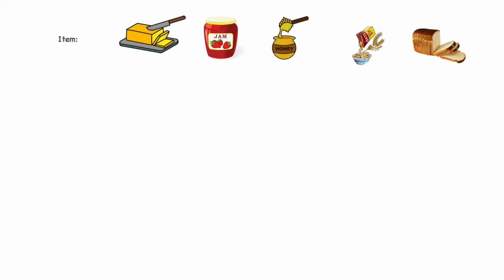So let us take one practical case where you've gone to a supermarket and you want to buy some food items. Say you want to buy breakfast items like bread, butter, jam, honey and oats. Each item has a weight. Let us consider W1, W2 and so on, W5 are the weights.